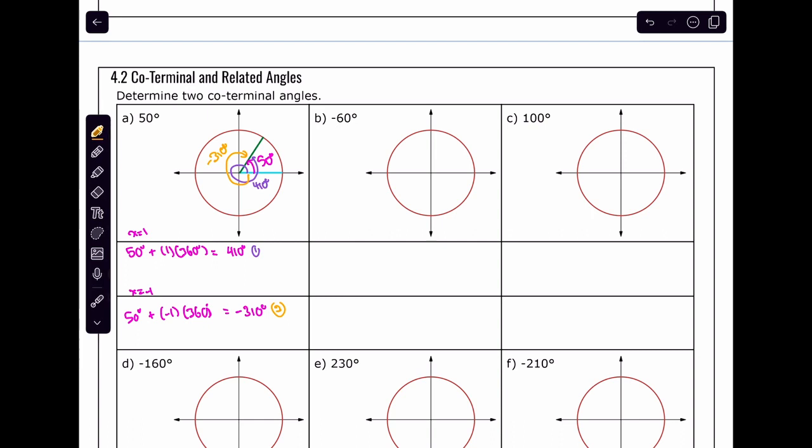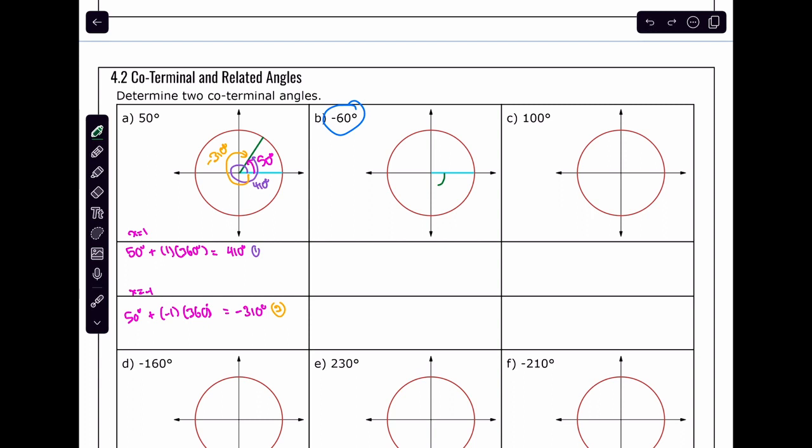Now let's do example 2, where we have a negative angle. Let's start by drawing our angle. So it's negative 60. And remember, negative angles go clockwise.